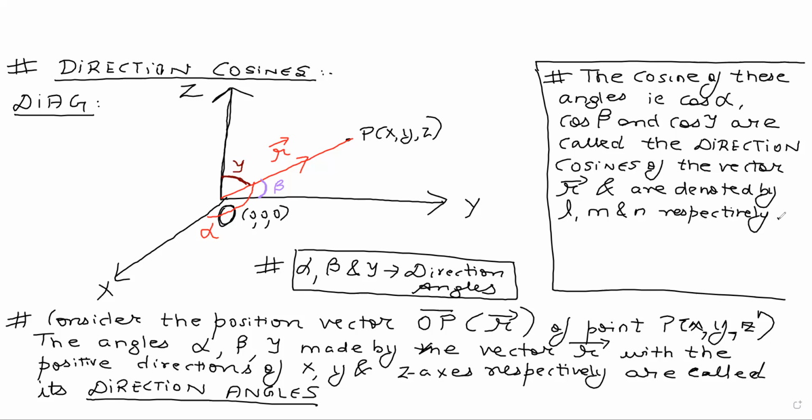So guys, alpha, beta and gamma are called the direction angles. If I take the cosine of these angles, so cos alpha, cos beta and cos gamma are called the direction cosines of the vector R. So I can say my L is nothing but cos alpha, my M is nothing but cos beta and my N is nothing but cos gamma. Together these are called the direction cosines.